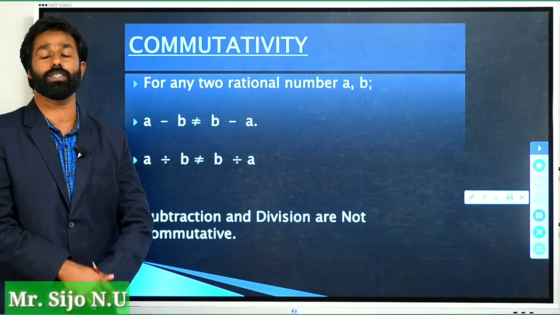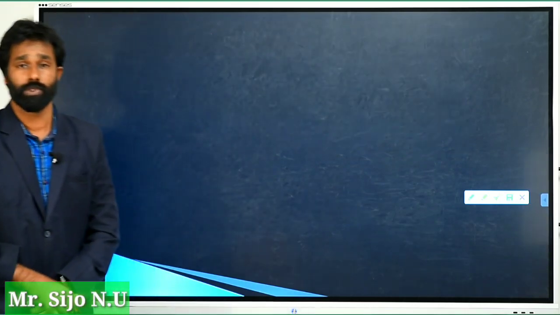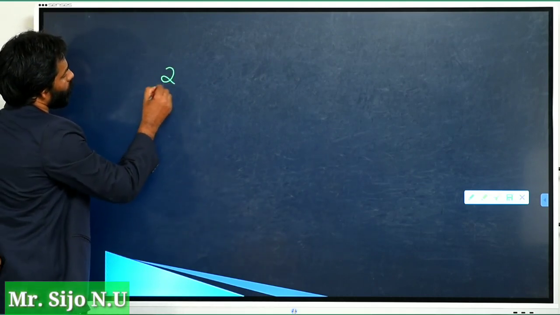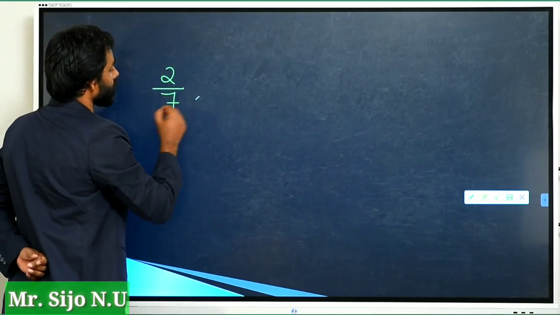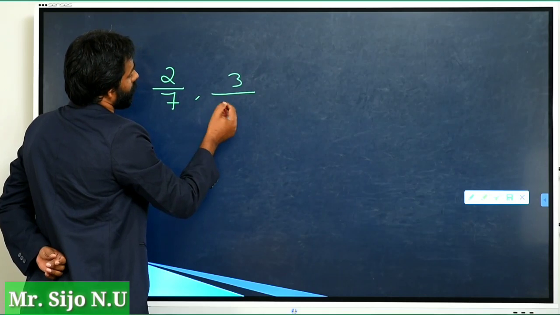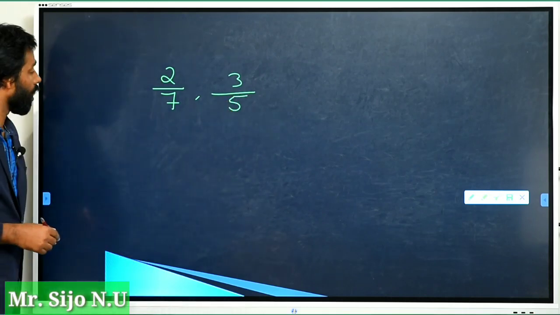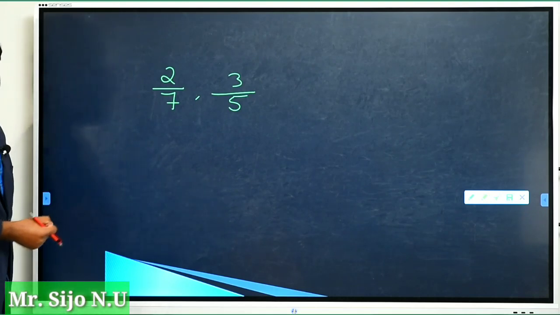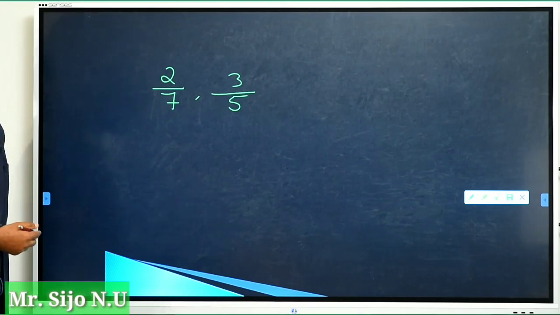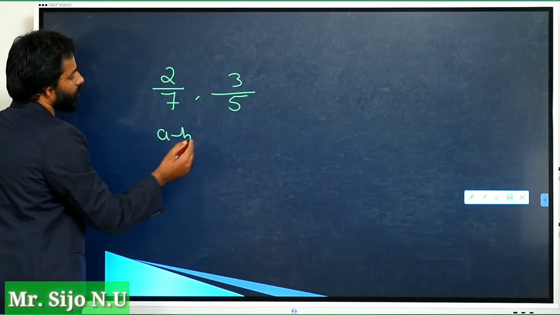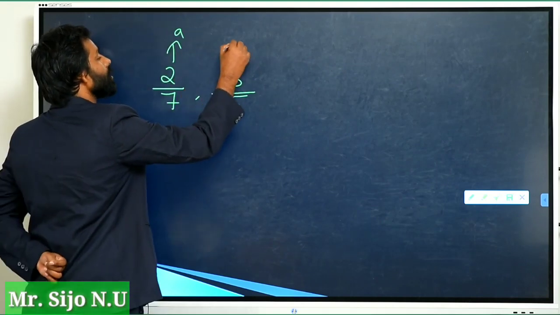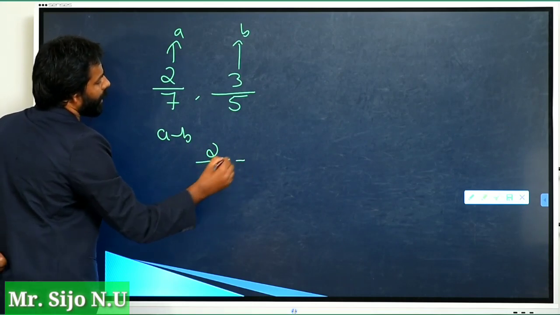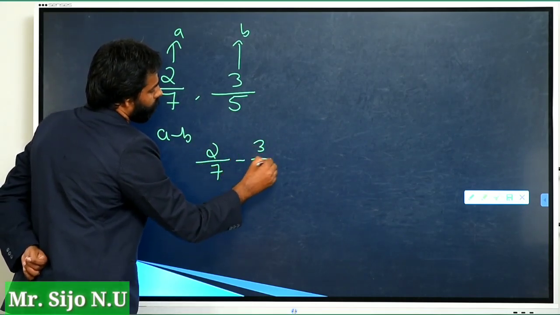Now consider this commutative property in the case of subtraction and division. Let us check whether it is going to be satisfied in this case. Consider any two rational numbers. Here I am considering 2 by 7 and 3 by 5. Let us subtract these and find the difference. First a minus b, considering this as a and this as b. So a minus b is 2 by 7 minus 3 by 5.